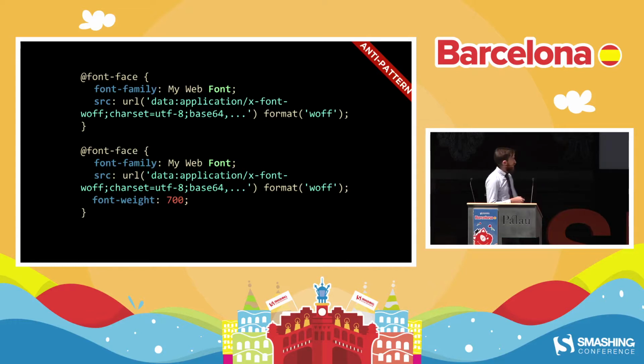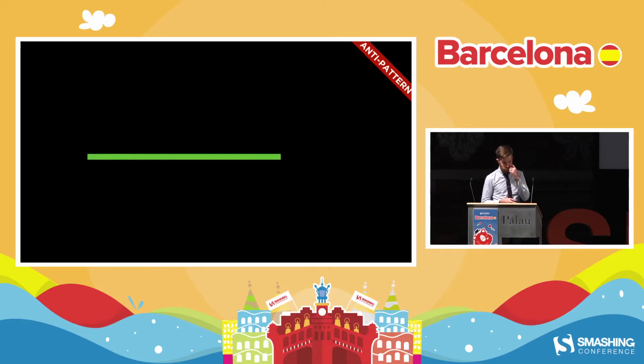So this is what it looks like in our font face blocks. This is a completely separate asynchronously loaded CSS file that we've just dumped our data URIs into. And it worked pretty well. It doesn't block until you get to the end when it starts to parse the data URIs.